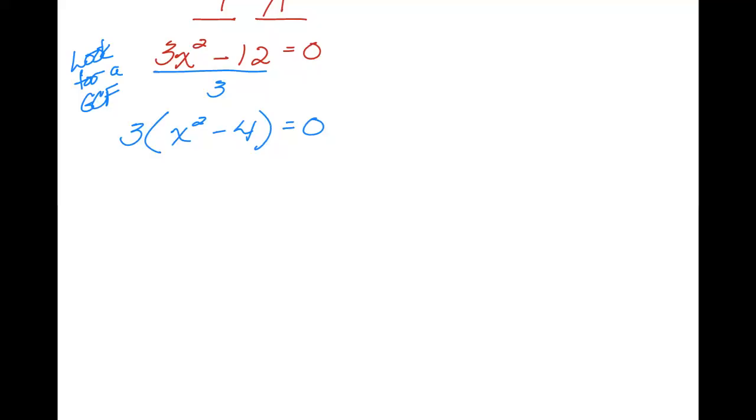So now I have 3 times quantity x squared minus 4 equals 0. How could we solve this? It does say any method, so there are a couple of different ways you could do this.